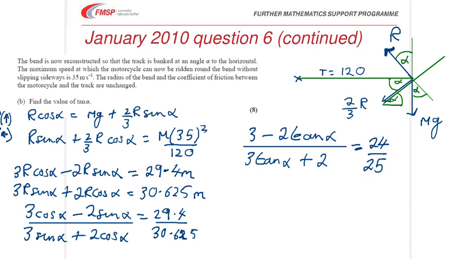Well, we're getting there. This is an equation now for tan alpha. So we need to cross multiply, and we end up with an equation for tan alpha.